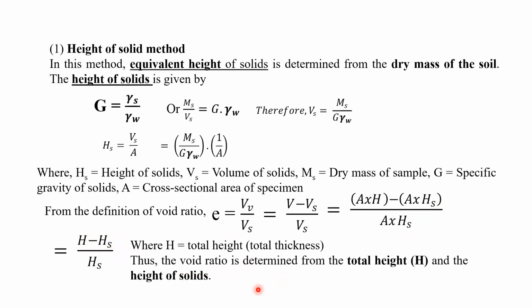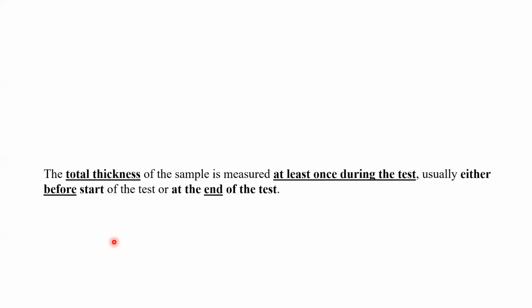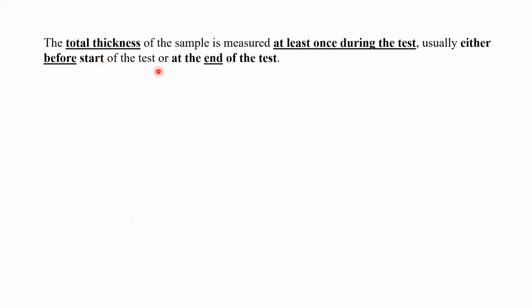So the void ratio is determined from the total height and the height of the solid. We can say e is equal to H minus Hs by Hs. This formula we have to use to calculate the void ratio. The total thickness of the sample is measured at least once during the test, usually either before the start of the test or at the end of the test.